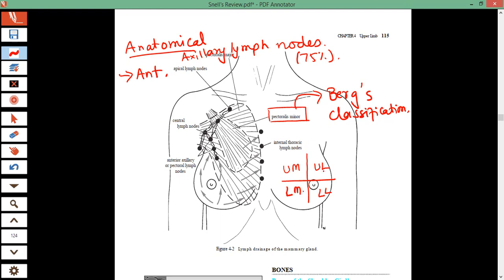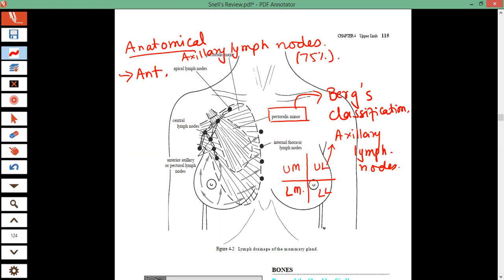Upper lateral, lower lateral, upper medial, lower medial. Now these lateral quadrants, they are draining into your axillary lymph nodes.